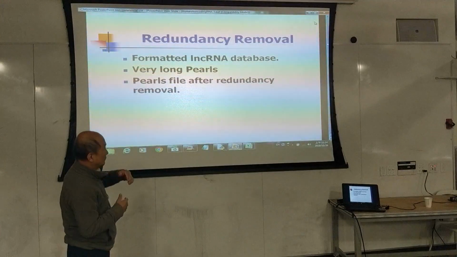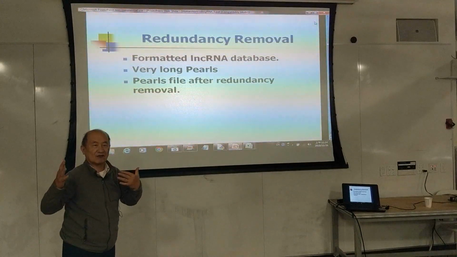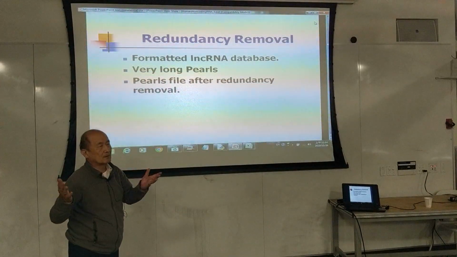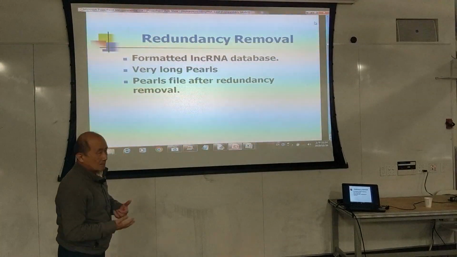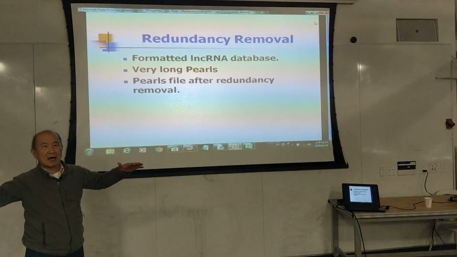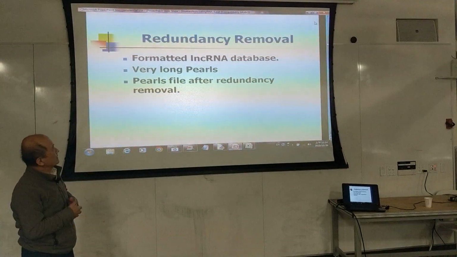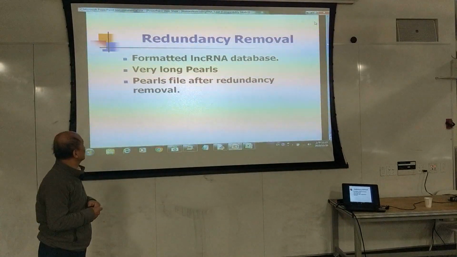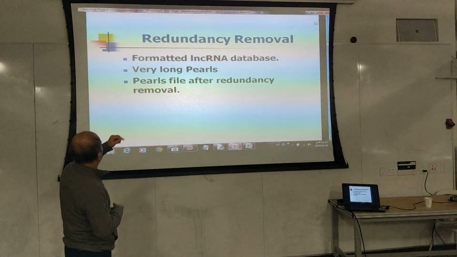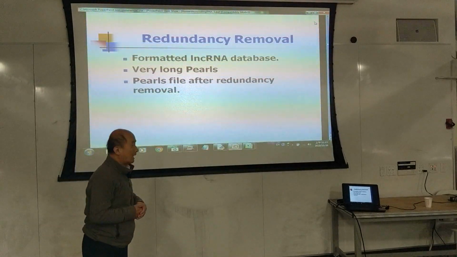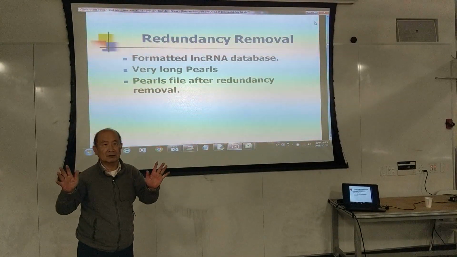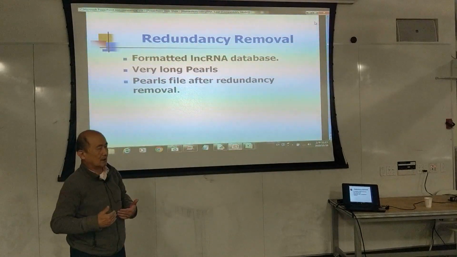You see lots of pairs, but lots of pairs are very long ones, which I think are redundant. Then I'll show you a file which, after I remove the redundant pairs from the pair list, looks much cleaner.